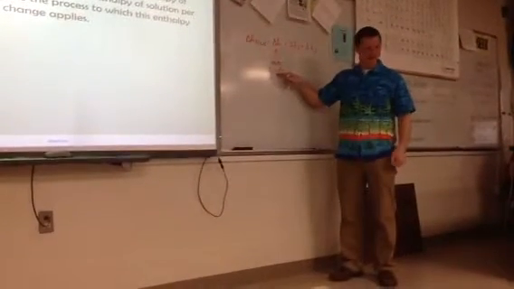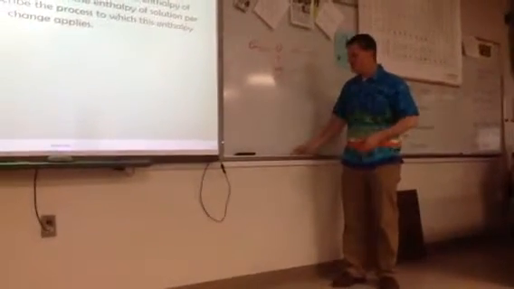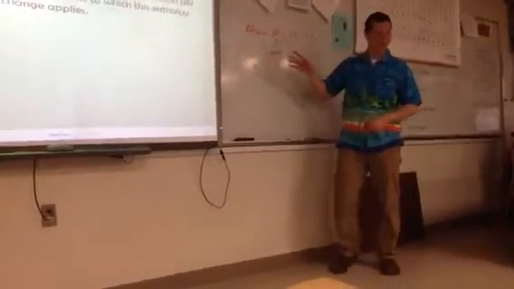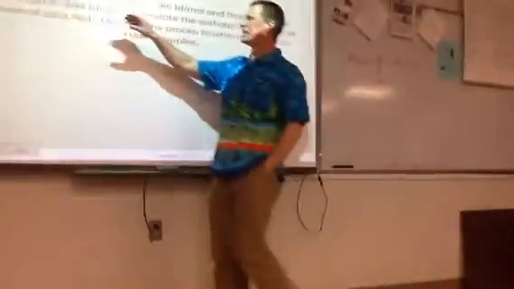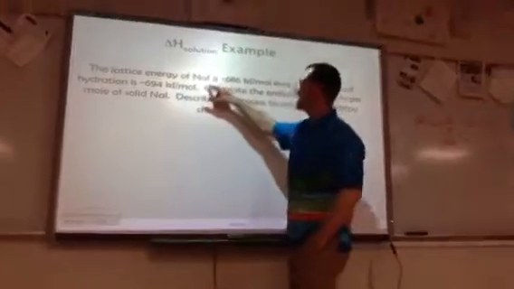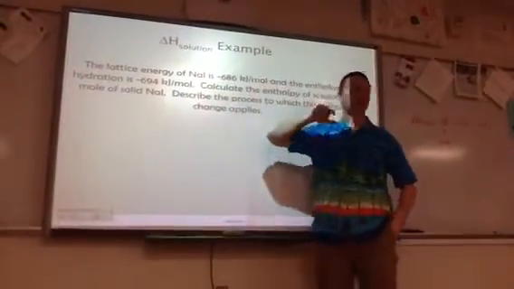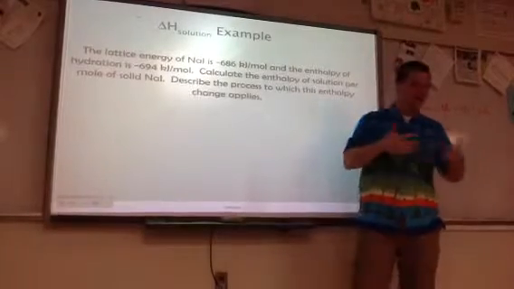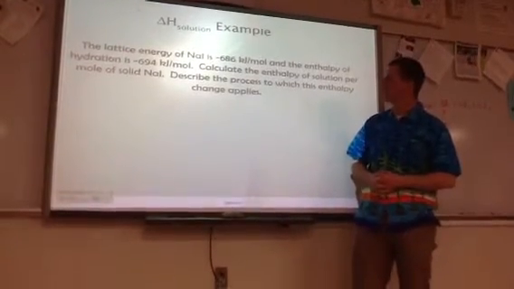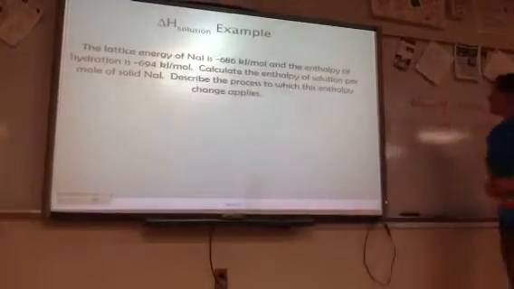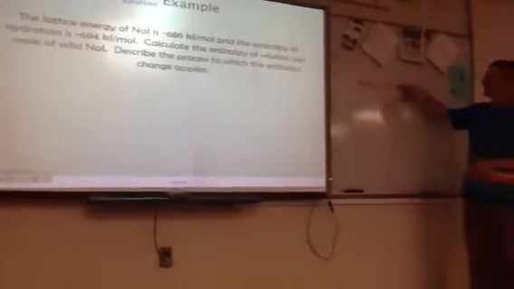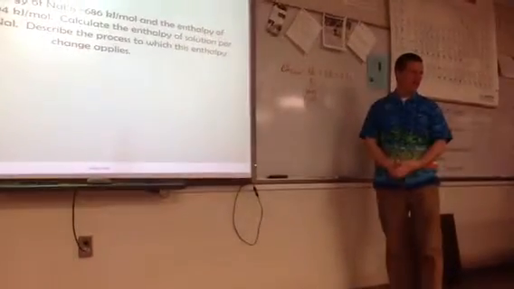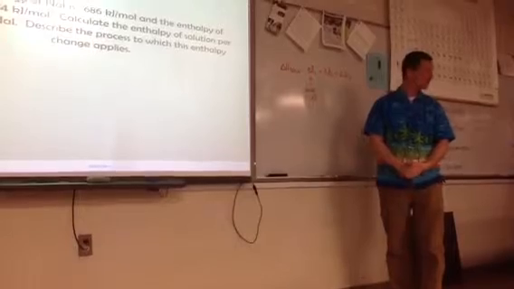So we have the negative of the lattice energy. Now, that means that this term is going to be a positive delta H. Here's an example. The lattice energy of sodium iodide is negative 686. That's when sodium iodide ions come together, that gives off 686 kilojoules. Delta H1 then is going to be positive 686. It's the opposite of the lattice energy.